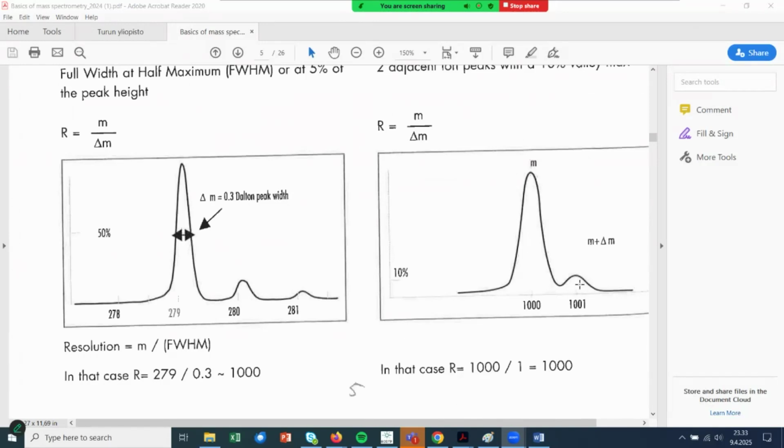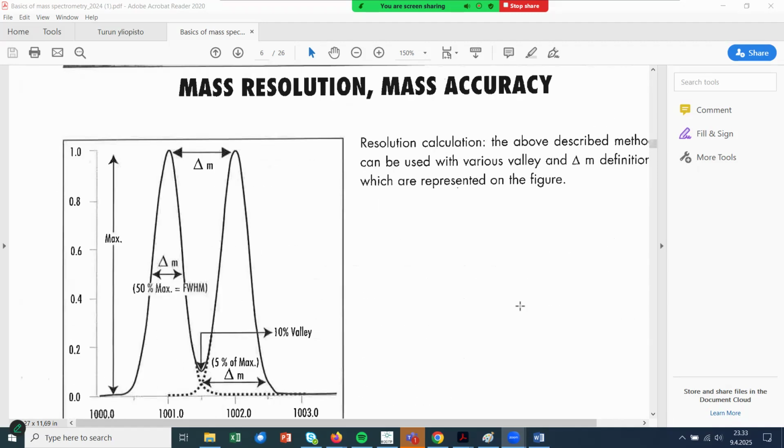This is the molecular ion with carbon-12 isotopes, where one of those carbon-12 isotopes is replaced by carbon-13. And that, of course, explains the difference in molecular weight of one mass unit, one Dalton. So the mass resolution can be calculated based on these signals.